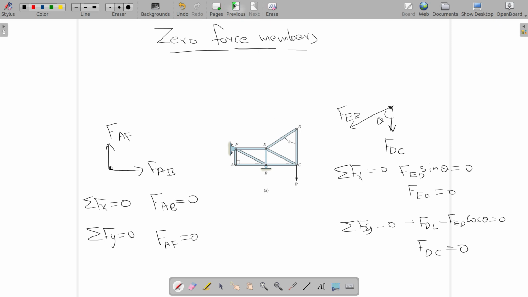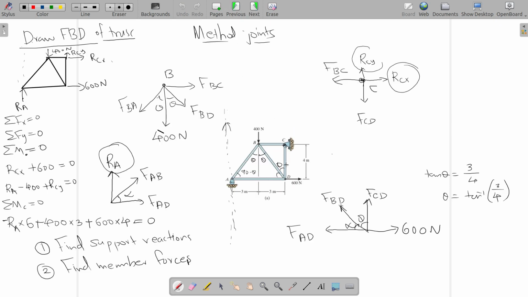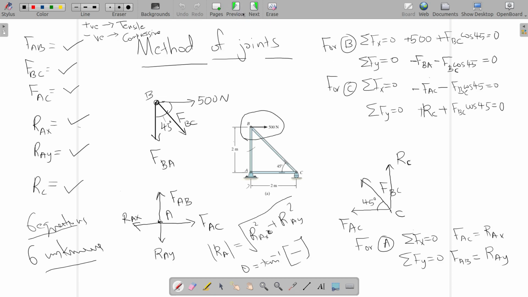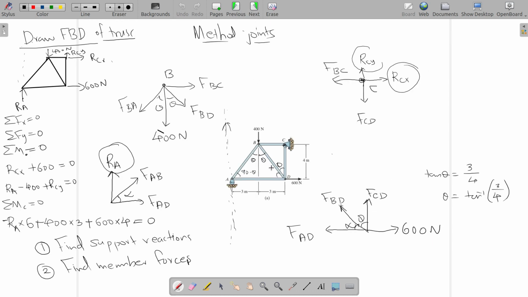But you don't have such cases here. You have two joints here, but you have external forces on those joints. Here you have one joint and you have external force. So even if you don't have any external force here, still you have three members. So it's possible to balance out different forces between members, and you can have non-zero member forces.